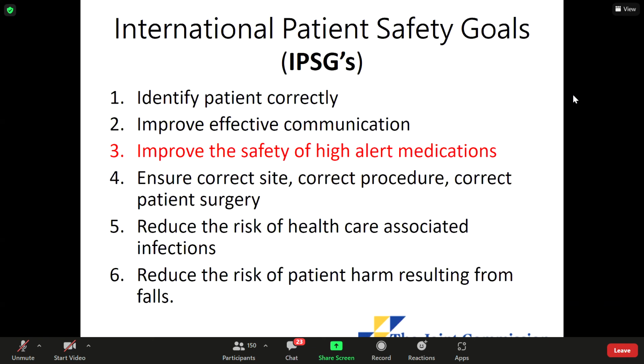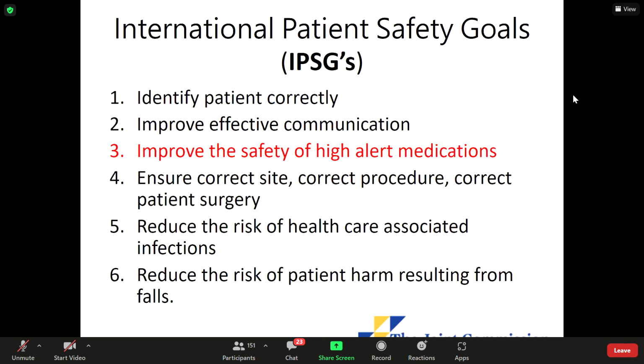Reduce the risk of patient harm resulting from falls. This is one of the things that we must adhere to, because once the patient is located in our hospital, he will be under our responsibility. We have to protect the patients from falls. We sometimes might ask for a sitter, just to be assisting the patient during hospitalization.